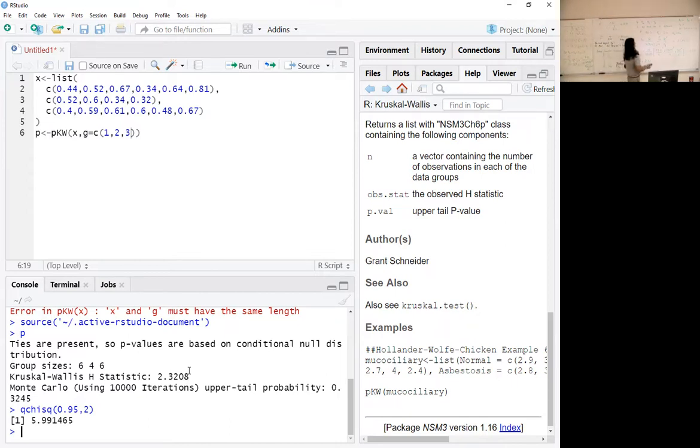What about the p-value? This is a right tail test, so for a right tail test, the p-value is always the area above the test statistic.